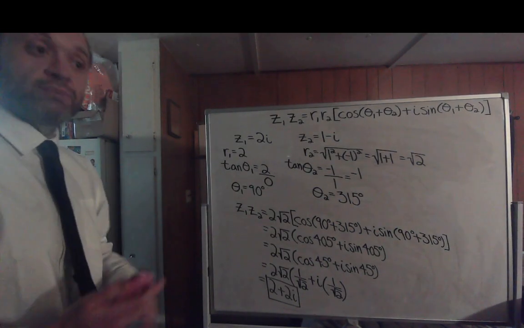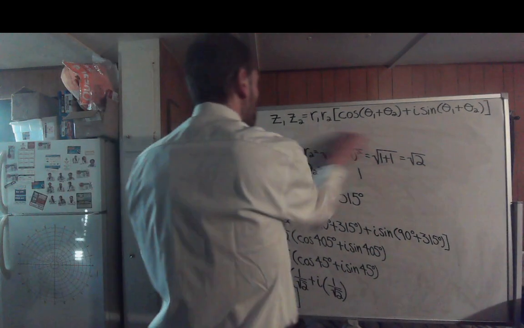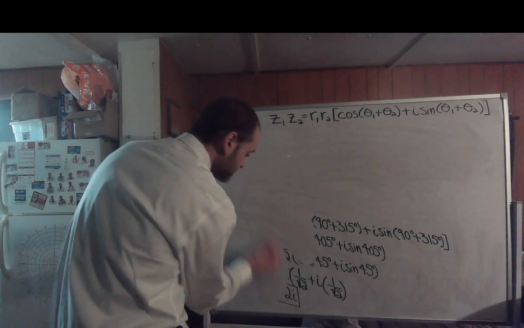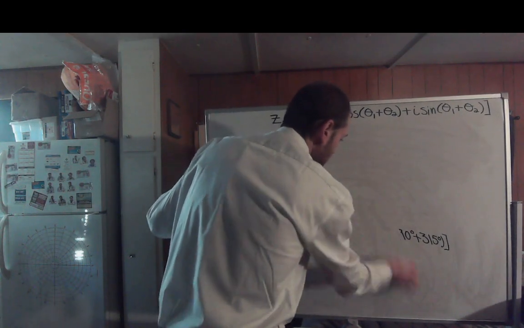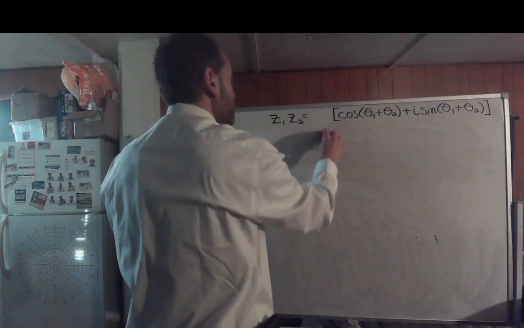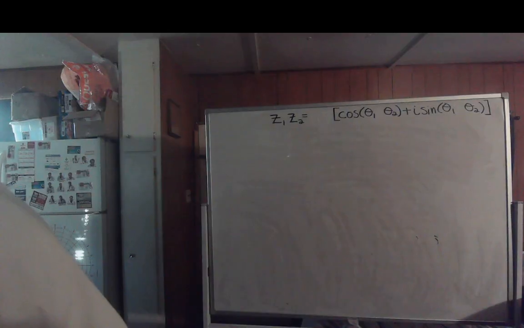Alright, so that's multiplication of complex numbers, let's do some division now. So let's go ahead here. I'm going to write the formula for division. The division formula is only slightly different. So I'll show you how here in just a second. Well, I could have left the plus there.